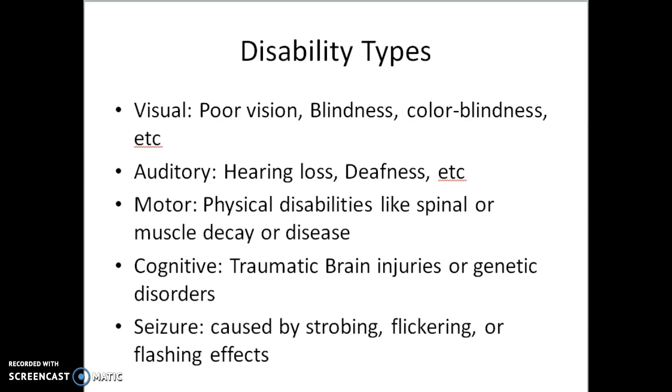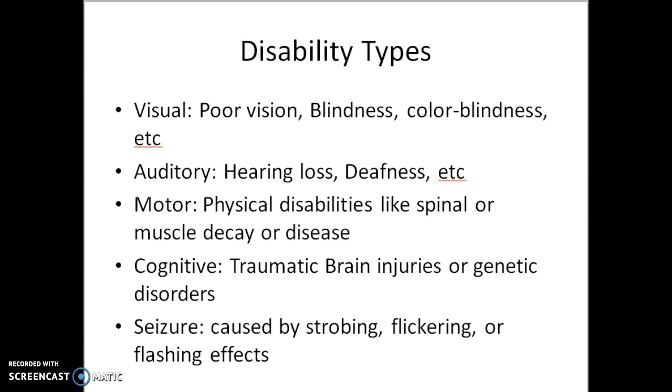Motor is physical disabilities like spinal or muscle decay or disease, or if you just have a hard time moving your body around. And yeah, if you just can't move around, that's basically a motor disability. Cognitive is a little bit harder to define. It basically means traumatic brain injuries or genetic disorders.